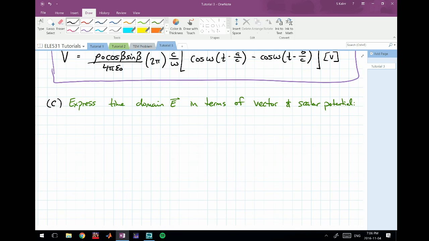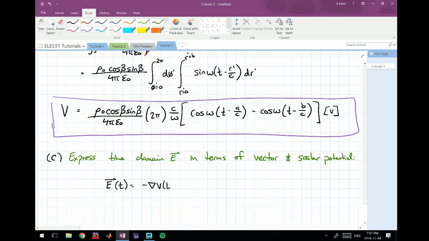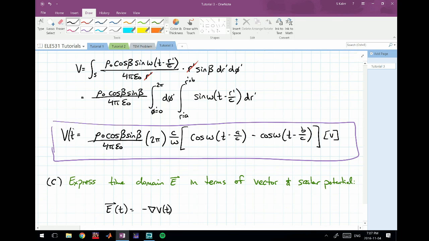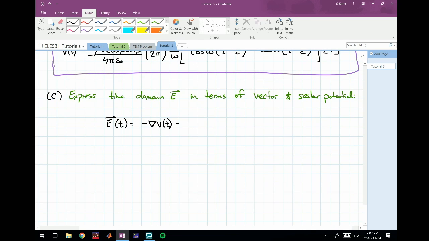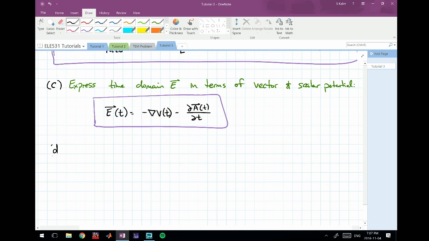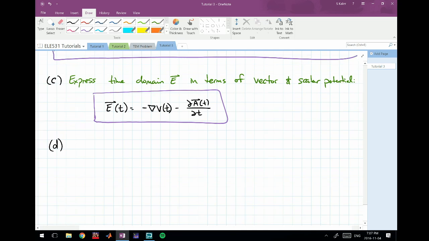So E of t equals minus the gradient of V of t, minus the partial of A of t with respect to t. That's all this part of the question is asking for.